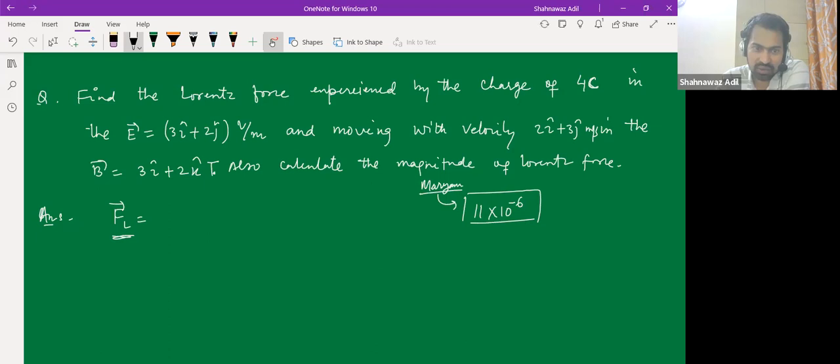Yeah, what did you say, Mariam? Sir, you changed 4 microcoulomb to 4 coulomb, sir. Yeah, so this is coulomb, not microcoulomb. Yes, sir. I changed the question. So if this is coulomb, then it is 11. Sir, I'll calculate again. Oh, you are calculating. Okay.